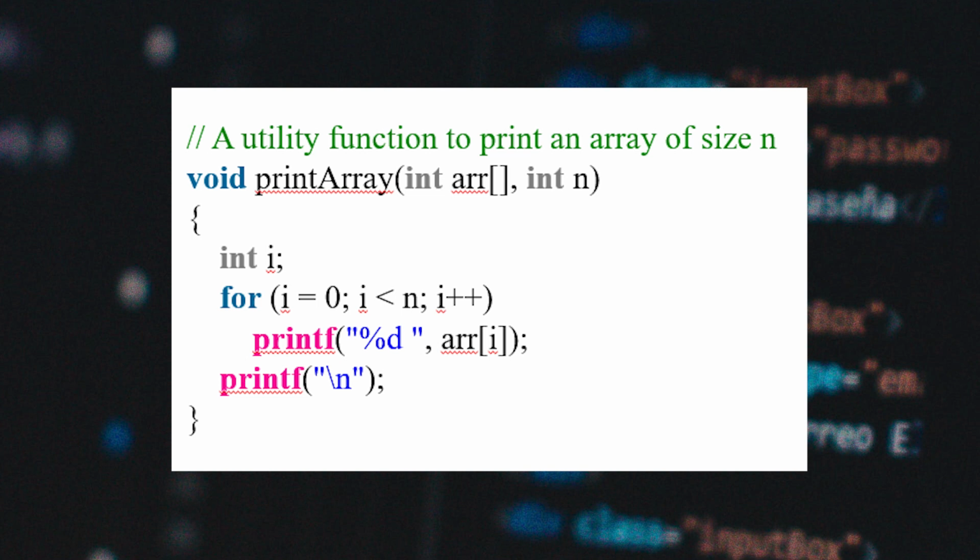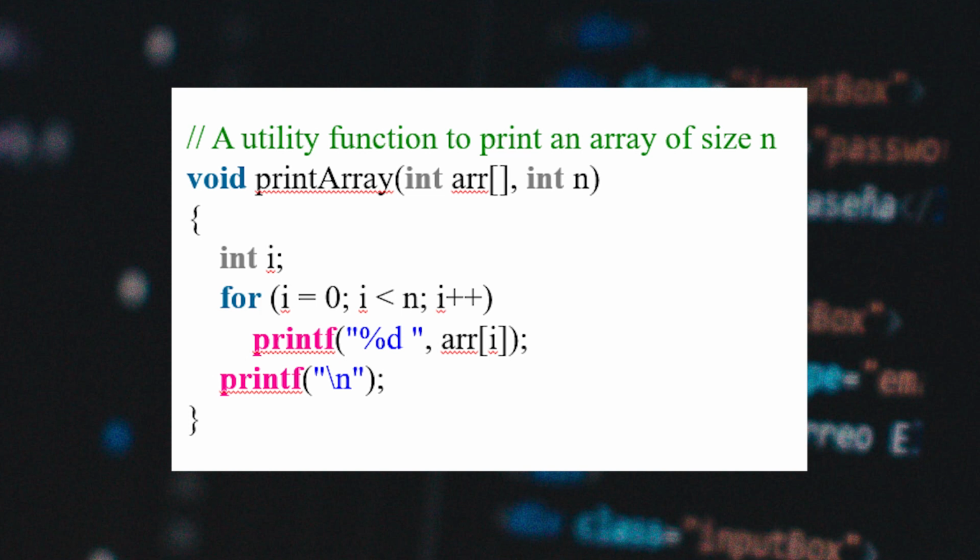Suppose we have 10 elements in an array, the loop will move from 0 to 9. That is why the index i moves from 0 to less than n, and in every loop one element is printed, and finally the whole array is printed.